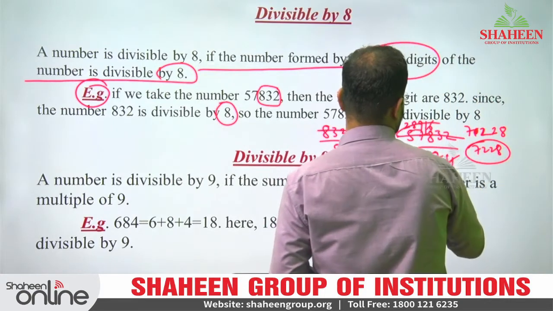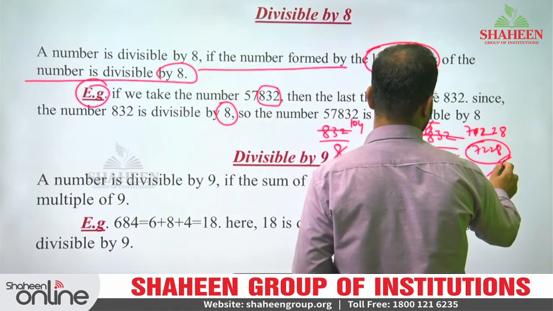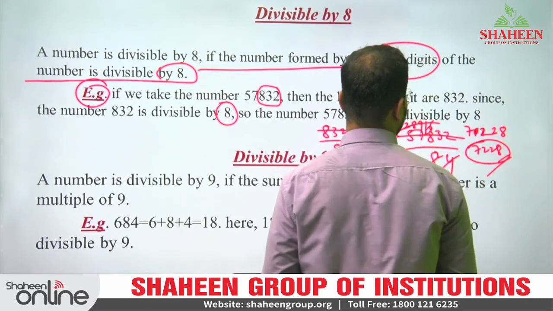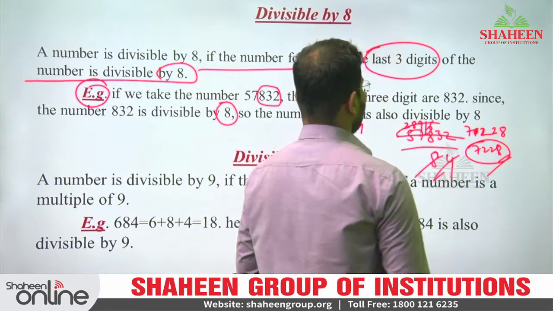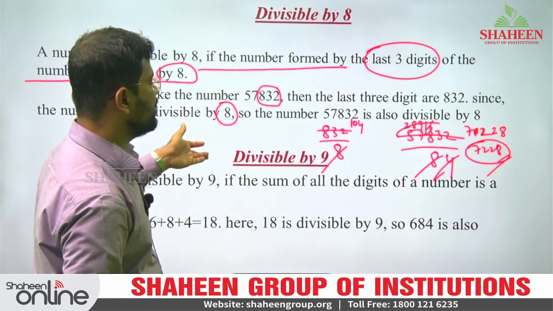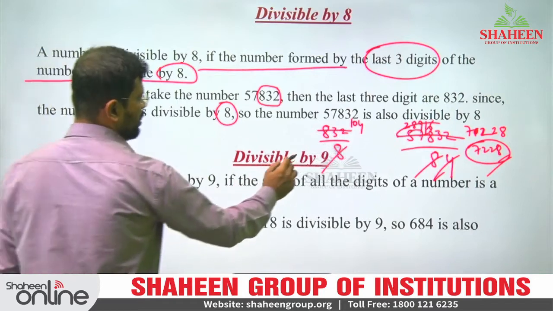Yes, if you divide this, definitely the number 57832 is divisible by 8. Now next, we will move on.